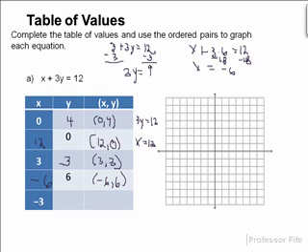When x is negative 3, I'm going to get negative 3 plus 3y equals 12. Isolate the 3y by adding 3 to both sides.